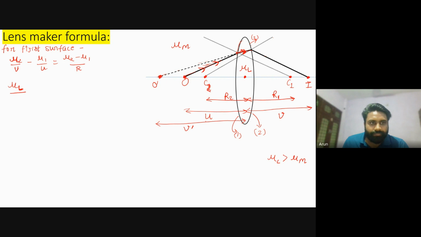What is the distance of the image? And tell me the value of mu1 also.